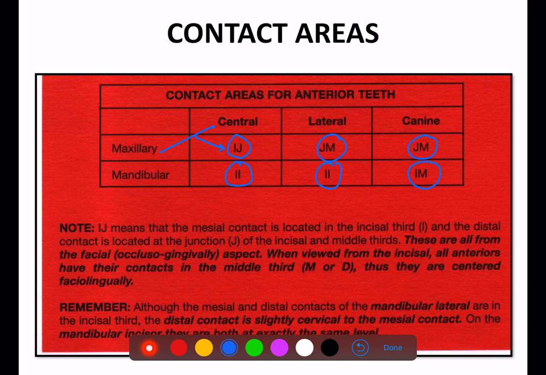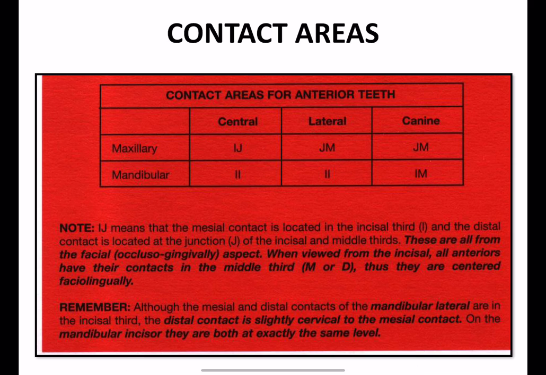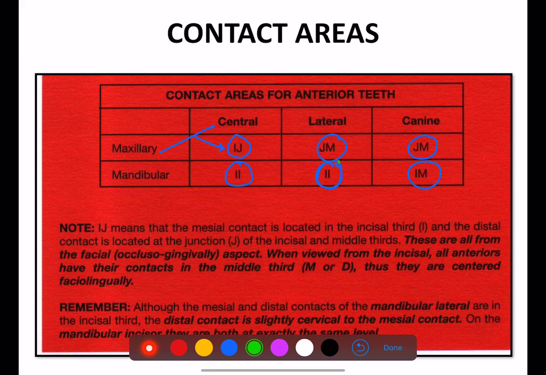This is when seen from the labial view. So remember, although the mesial and distal contacts of the mandibular lateral are in the incisal third, both are denoted as II. The distal contact is slightly cervical when compared to the mesial contact.